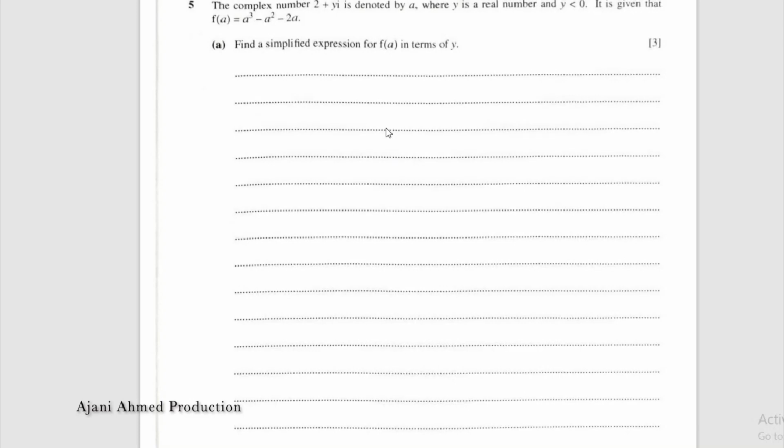Now the next one, the complex number question. A complex number 2 plus iy is denoted by a, where y is a real number and y is less than 0. It's given that y is less than 0, which means our value of y will be less than 0.